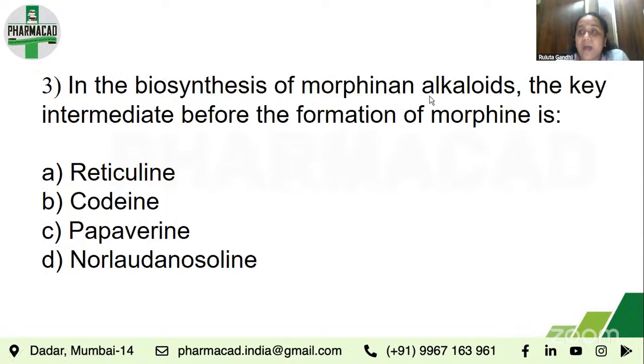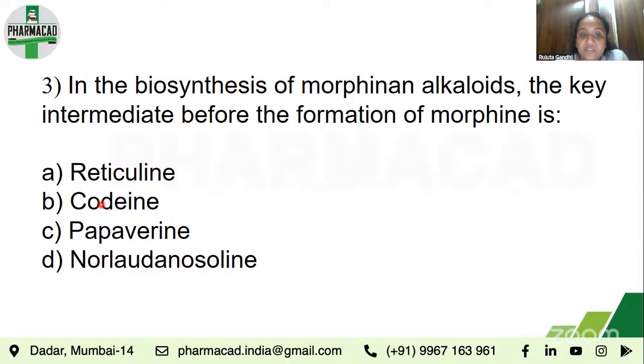Now third: in the biosynthesis of morphine alkaloid, the key intermediate before the formation of morphine is? All these options are present in the biosynthesis of morphine, so which one is the key intermediate? If you know the key intermediates, if you can recollect the entire morphine pathway, morphine is generally formed from codeine.